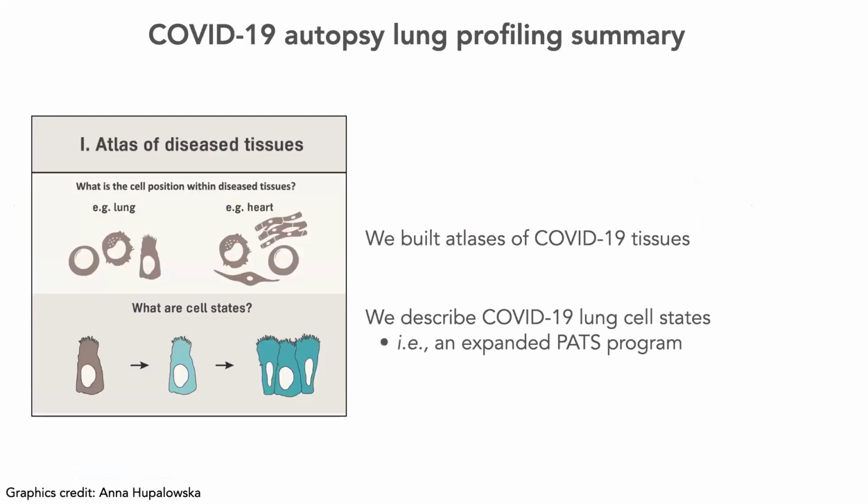Just to summarize, for the piece of the data that I showed you today, with our improved experimental and computational pipelines, we could successfully build a cell atlas of the COVID-19 lung. We used a novel cell type classification strategy to annotate the lung cells, and then we were able to describe COVID-19 specific lung states like an expanded PATS program.